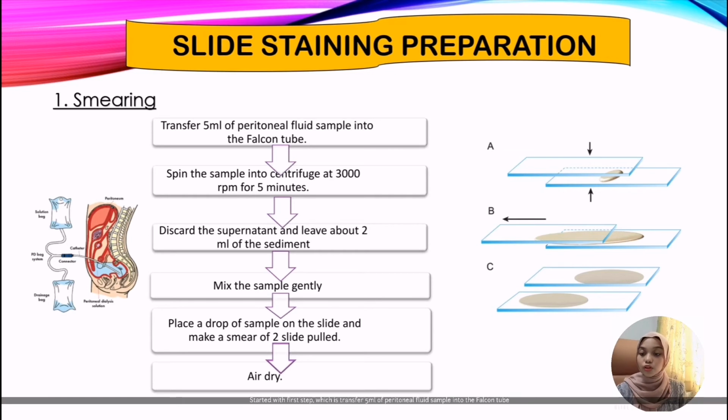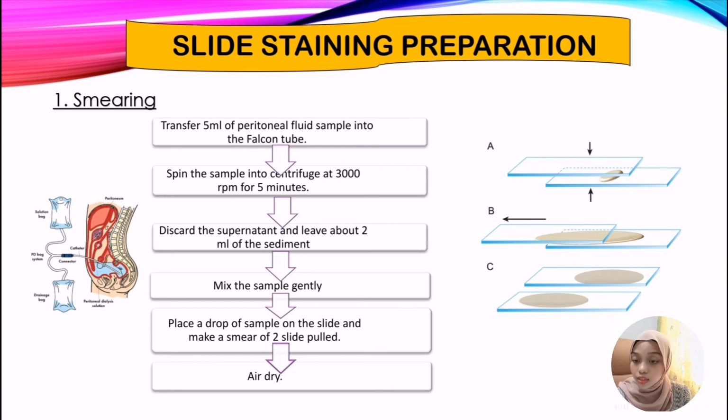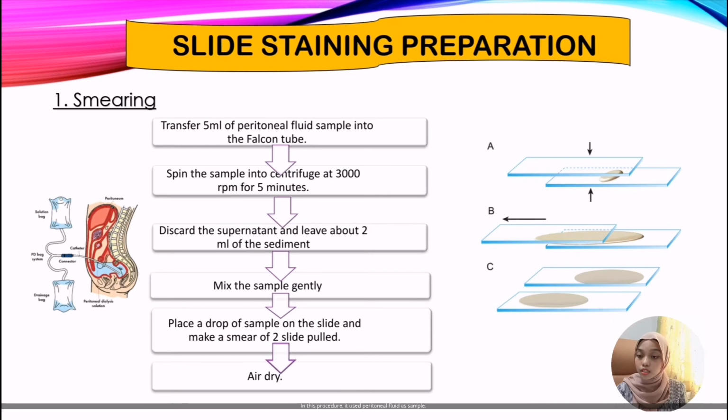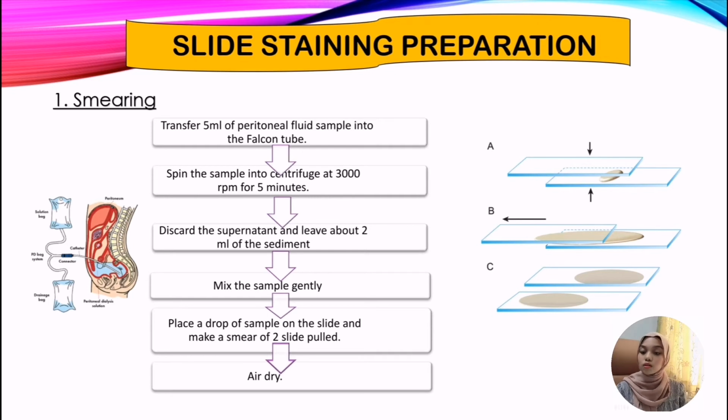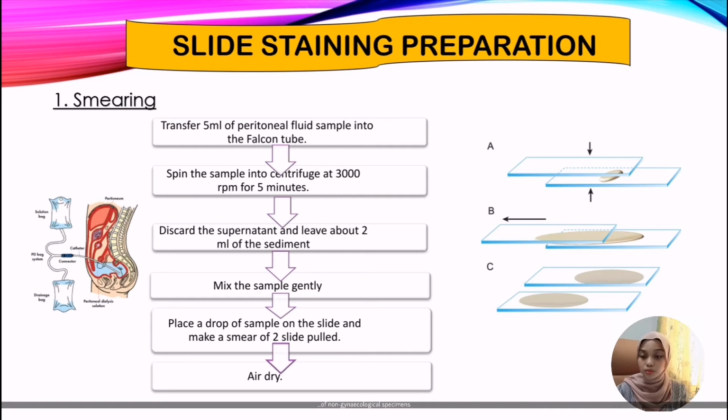Started with the first step, transfer 5 ml of peritoneal fluid sample into the falcon tube. In this procedure, it used peritoneal fluid as the sample of non-gynecological specimens.